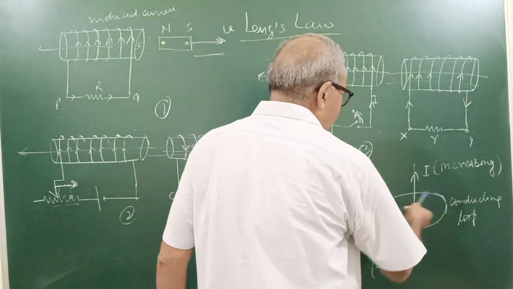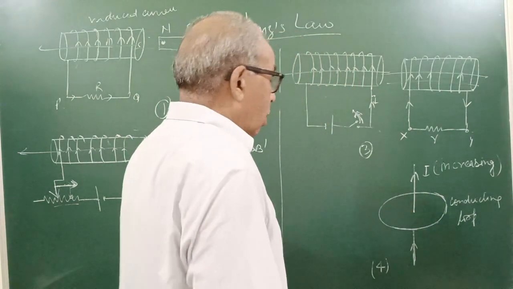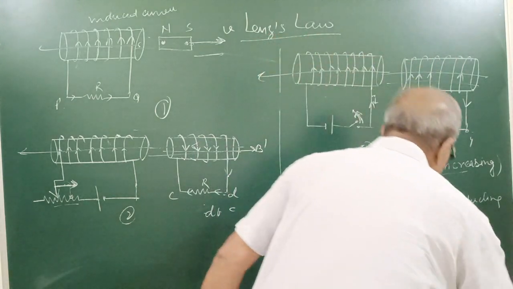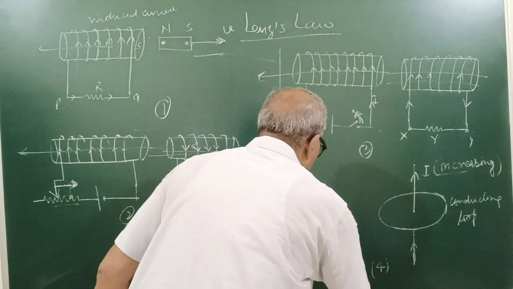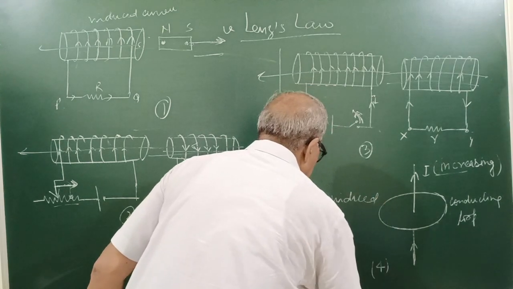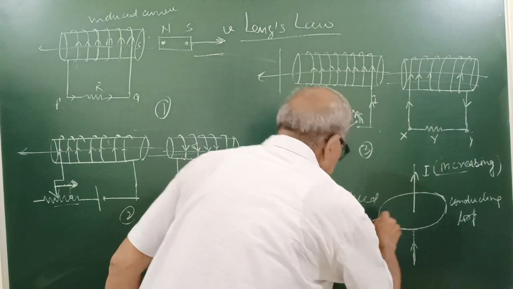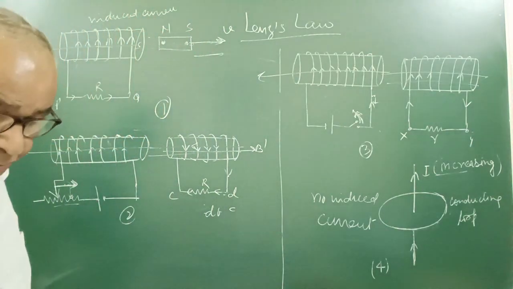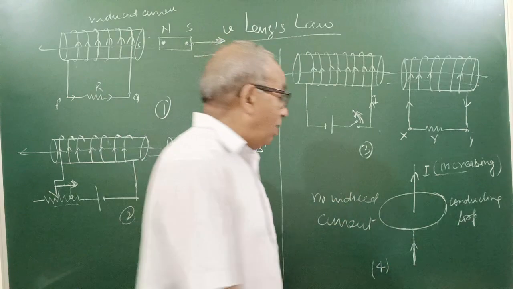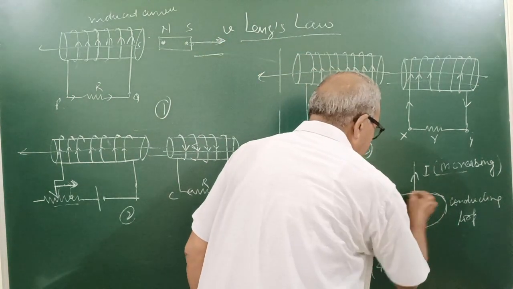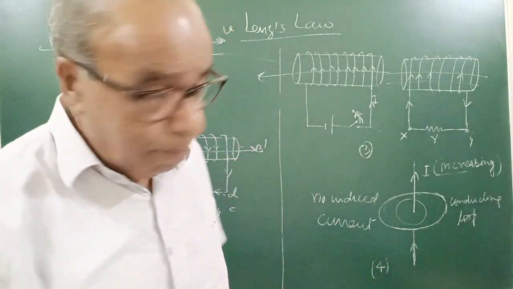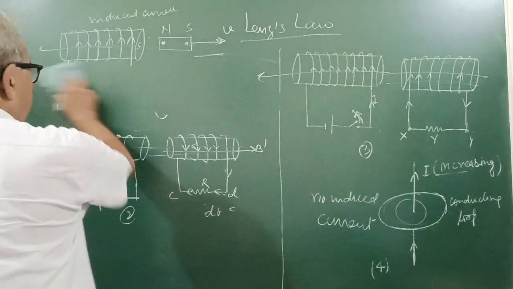No magnetic flux will link with it, therefore whether current increases or decreases, there is no induced current here. No induced current. So these are some questions. Why not? Because no field lines of this are in this plane. They are not passing. Flux will increase only when field lines pass through the area.